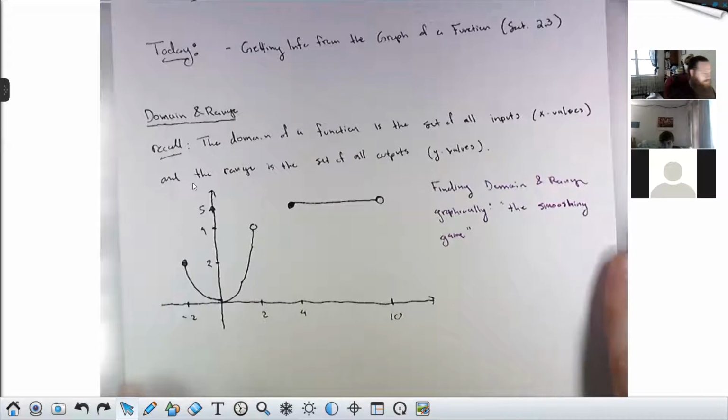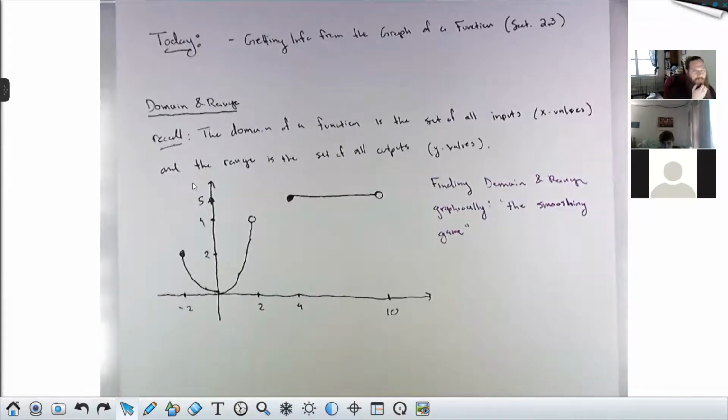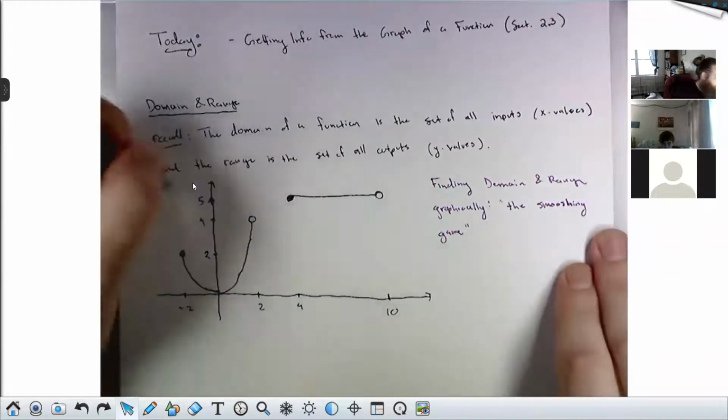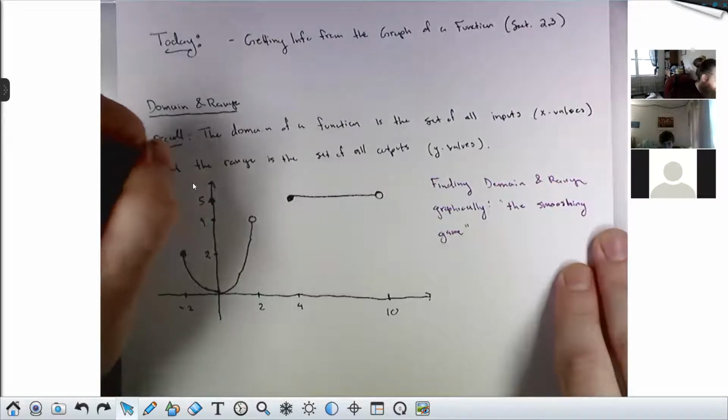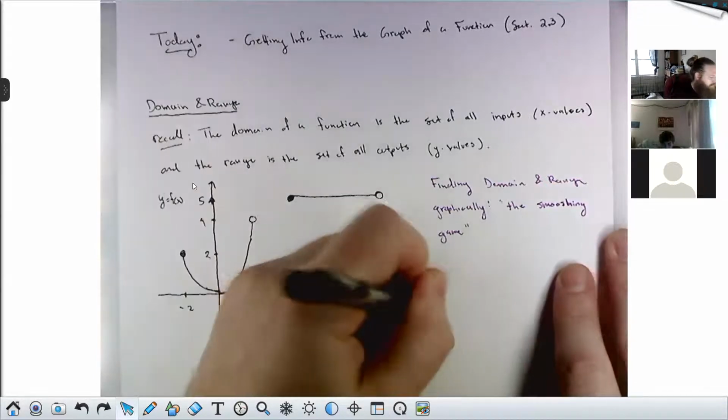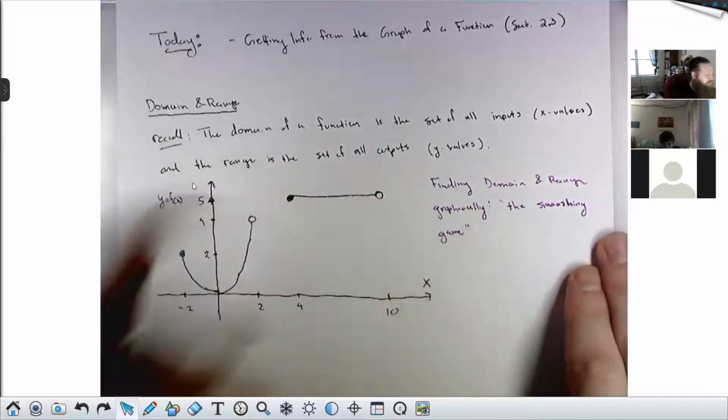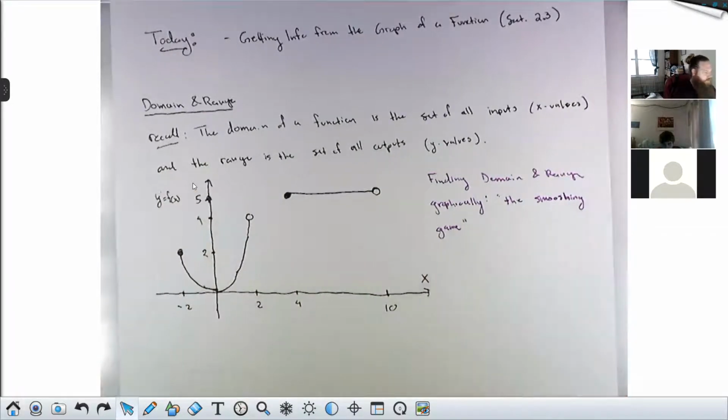I'll just give you a second to get this down. I'll call this function over here f of x. Call the horizontal axis here the x-axis.